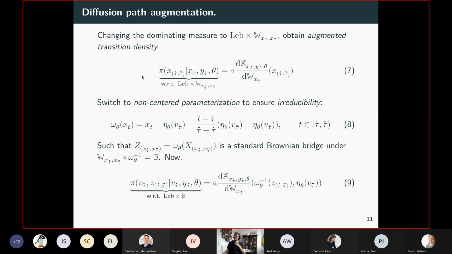And if we then switch the section of X to a non-centered parameterization, essentially by just removing the end points, such that Z under that transformation is a standard Brownian bridge, then finally we get a density for the non-centered section of the path and the observation at tau double dot in terms of that original Radon-Nikodym derivative.